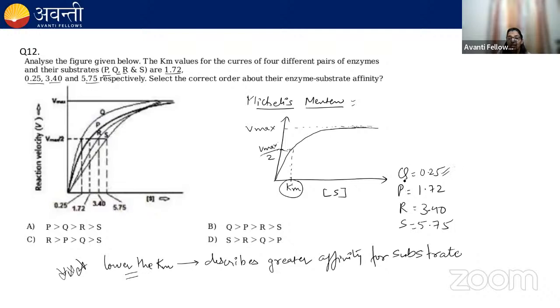That means the Q enzyme has the greatest affinity for the substrate. S has the maximum Km. That means the S enzyme has the lowest affinity for the substrate. This is the correct order, okay? Because they're asking about the correct order of enzyme-substrate affinity. Q has the maximum affinity for the substrate. S has the lowest affinity for the substrate. So the correct option is B, Q, P, R, S.